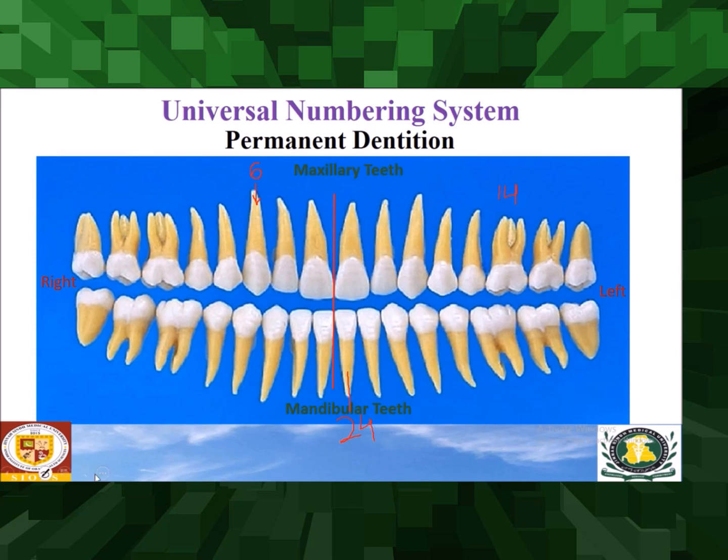And the 24 is, after 16, now in a clockwise direction, 17, 18, 19 for this tooth, 20 for the second premolar, 21 for the first premolar, 22 for the canine, 23 for the lateral incisor, and 24 for the central incisor of the left side. And 32 for this tooth, the right mandibular third molar.